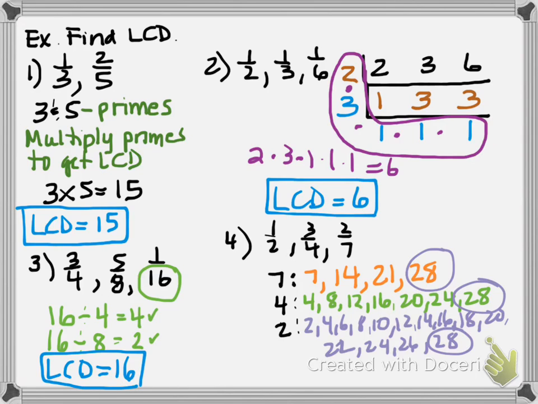So instead of me writing this all out, what I end up doing is stopping with each multiple of the largest one and seeing if my other numbers can go evenly into it. If they both go evenly into it, then that's the multiple that will work. So in this particular case, it took me a little while to get there, and I have the LCD as 28. So you have all these different ways to find LCD, and you just got to stick with the one that works best for you.